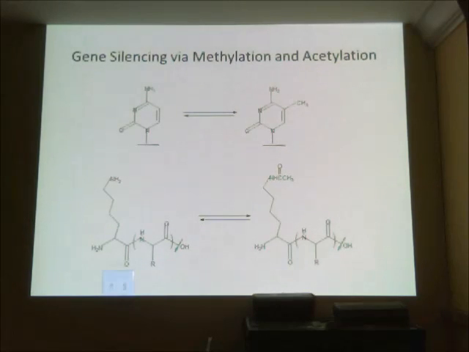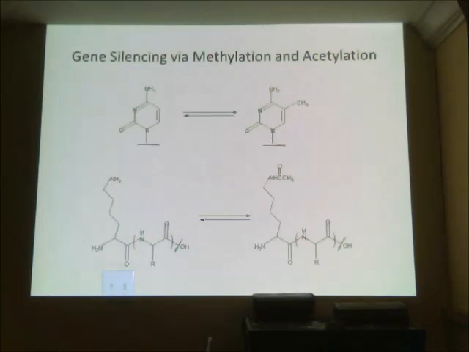If you went back maybe 20, 30 years ago, people would say that whatever message is present in the DNA is really everything that you need. Everything you're going to get in terms of a phenotypic expression is going to come directly from the genotype, and that's all you really need to worry about.